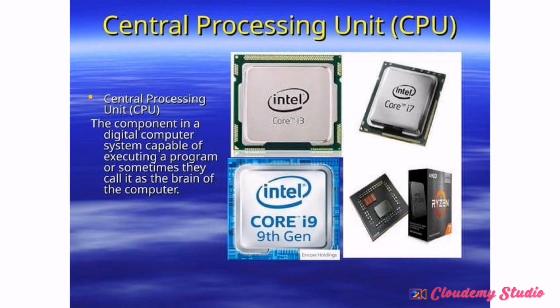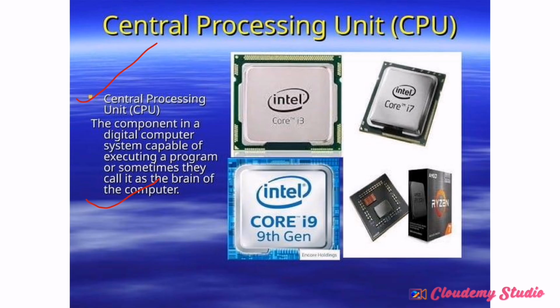Okay, so central processing unit, CPU. The central processing unit is the component in a digital computer system capable of executing a program, or sometimes they call it the brain of the computer, like I said earlier. CPU also stands for the brain of the computer, because it is the processor that processes any information in the computer.